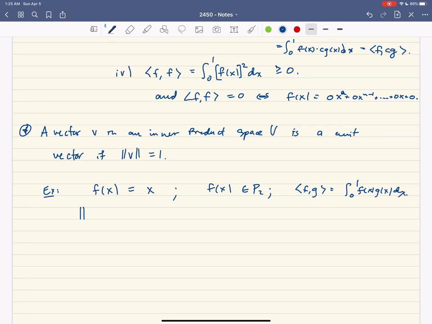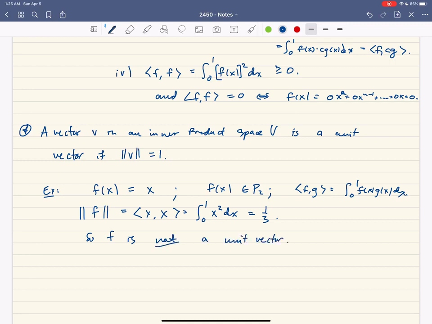Then the magnitude of f, or the length of f, is going to be the inner product of f with itself, which is going to be the integral of x times x, which is 1/3. So f is not a unit vector.